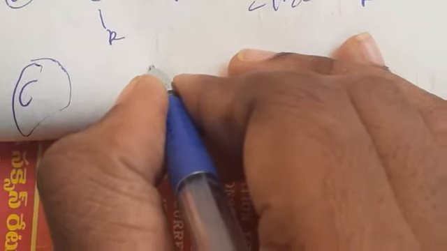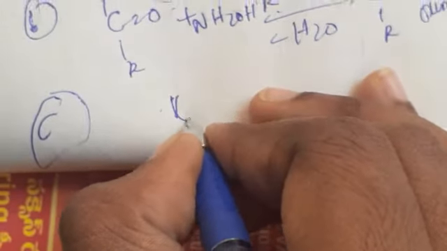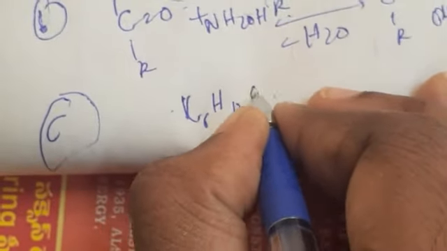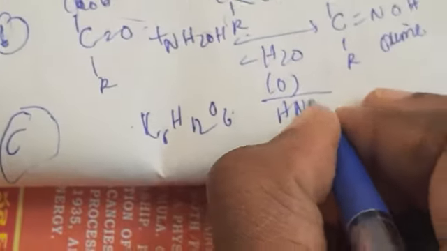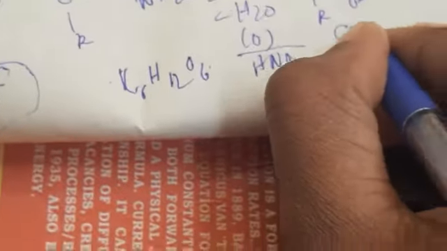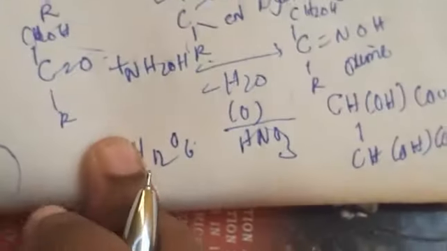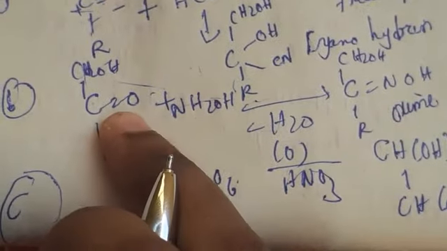Fructose, C6H12O6, on oxidation with HNO3 gives CHOH-COOH, CHOH-COOH, plus CH2OH-COOH.